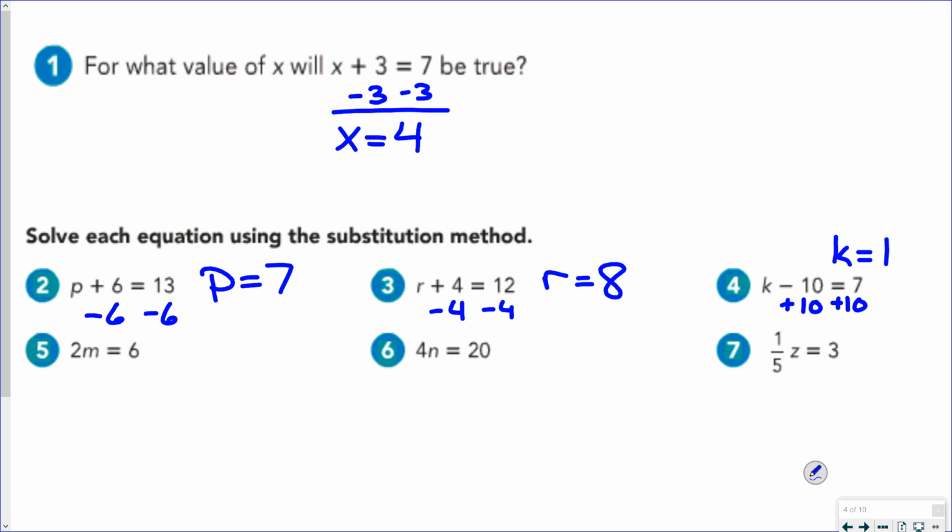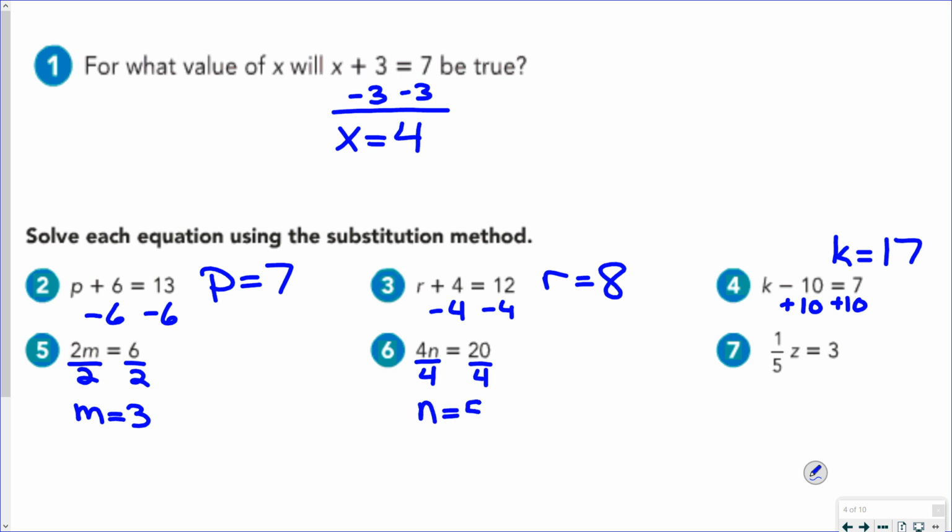And we would get k equals 17, because 17 minus 10 is 7. For number 5, 2m means 2 times m, so we're going to divide both sides by 2. And here m would equal 3. Number 6, 4n equals 20, so we divide both sides by 4.